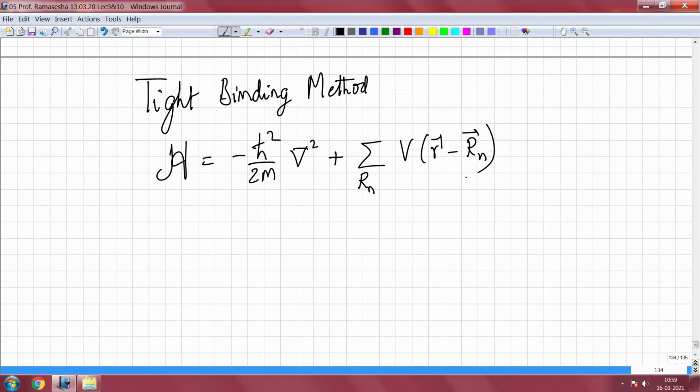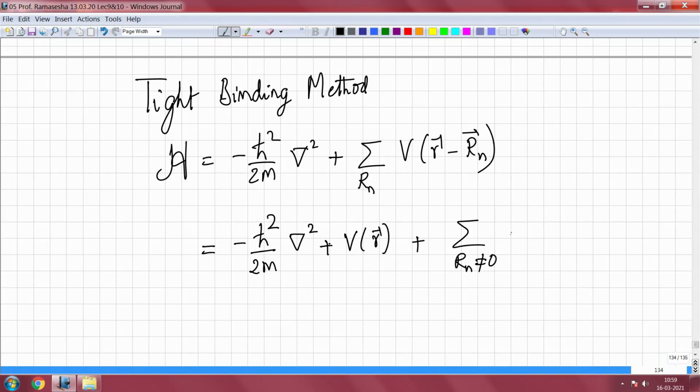But you want to make sure that this potential can actually be written in the following way, so that we can use the eigenstates of the atomic problem: minus h cross squared by 2m del squared plus V of R is what you will take, plus sigma over Rn not equal to 0 V of R minus Rn.